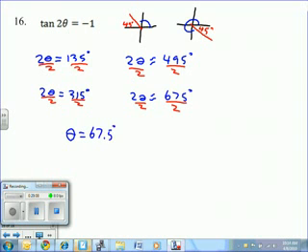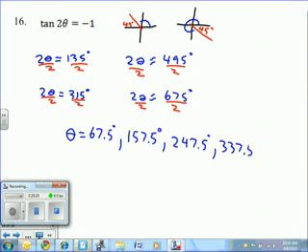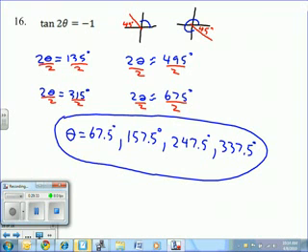It's 67.5 degrees. 315 divided by 2 is what? 157.5. Okay, is that right? Yeah. 495 divided by 2. And then 675 divided by 2. And all of these answers for theta work for the instructions, which said that theta has to be between 0 and 360. They're all between 0 and 360.